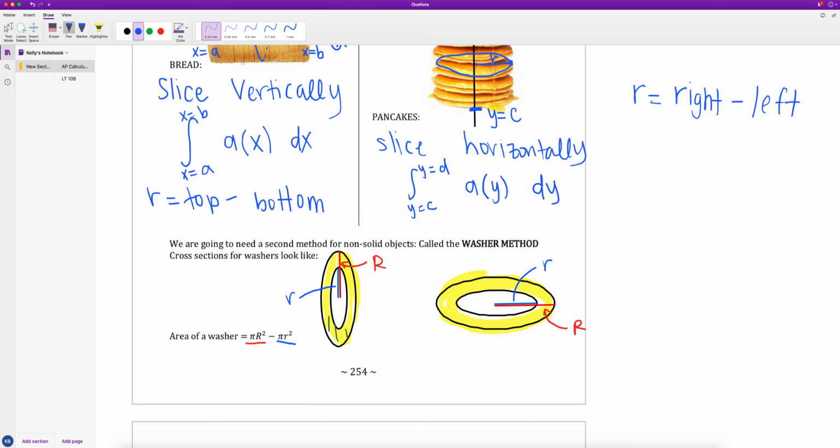So for a washer, the only thing that's going to change is that now I have two radii that I will be calculating, the big radius and the smaller radius. When we go to find the area of our cross section, we're going to have to find the area of our big circle minus the area of our little circle. This washer method works for non-solid objects.